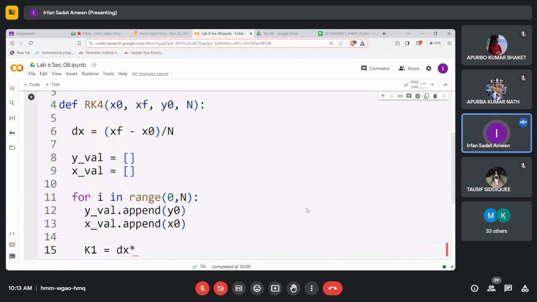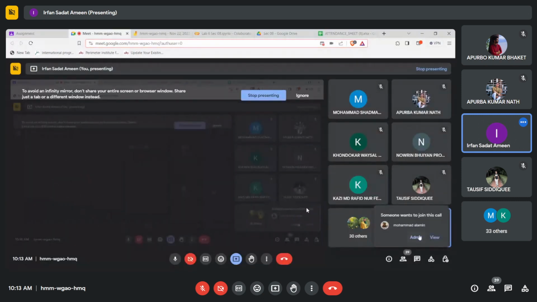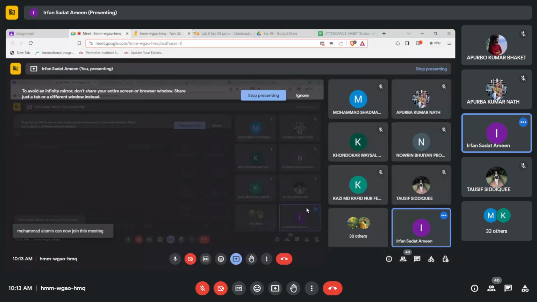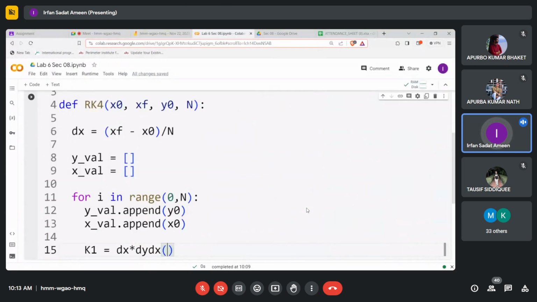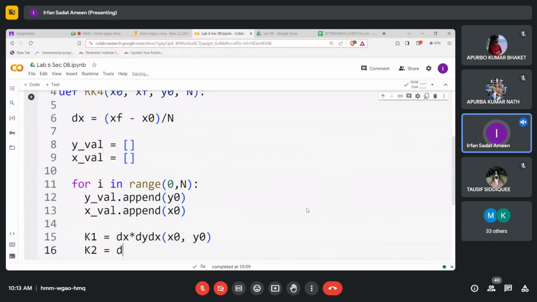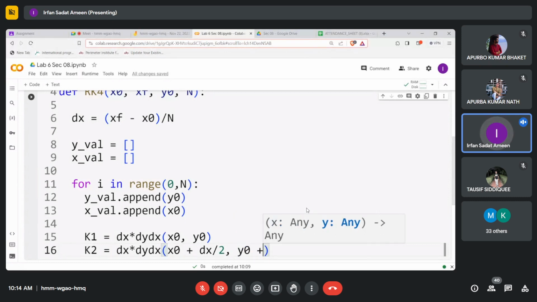Then we will begin our update, so একটা হবে k1, right, so k1 will be equal to dx times dy dx. ফাংশনটা ওটার ভিতরে ইনিশিয়াল ভ্যালুগুলো যাবে, k2 হবে হচ্ছে dx times dy dx, then you update this, so dx by 2 দিয়ে update, and then y কিভাবে আপডেট হবে, y plus k1 by 2, right?